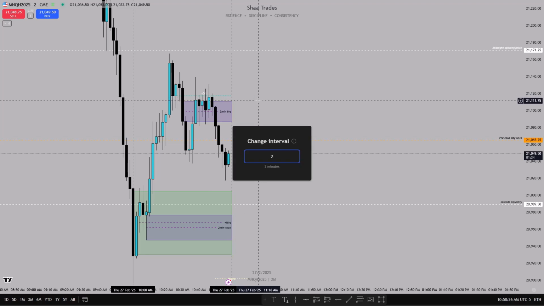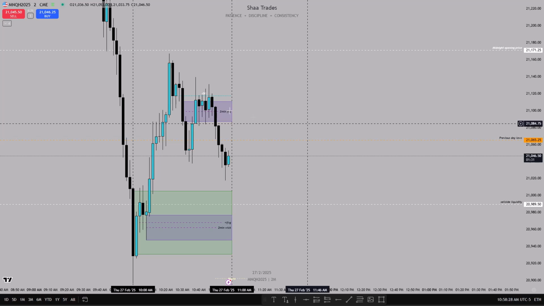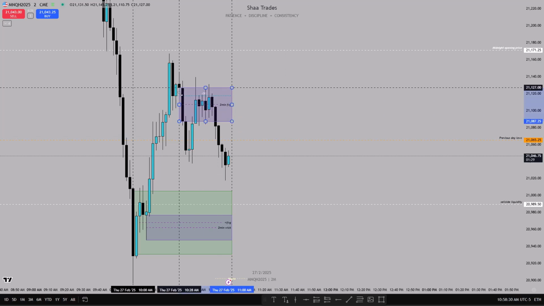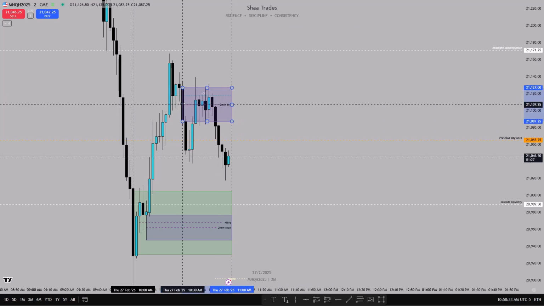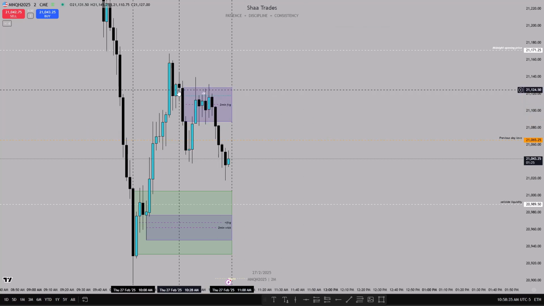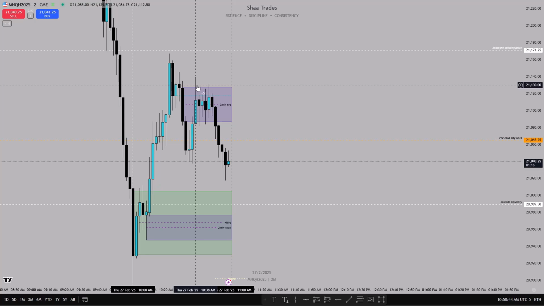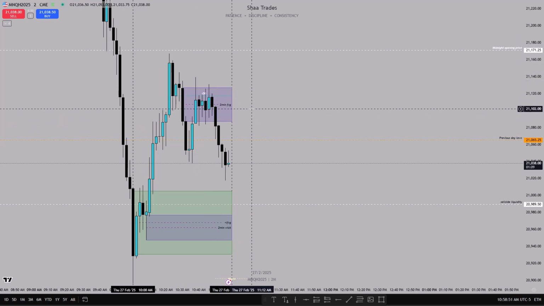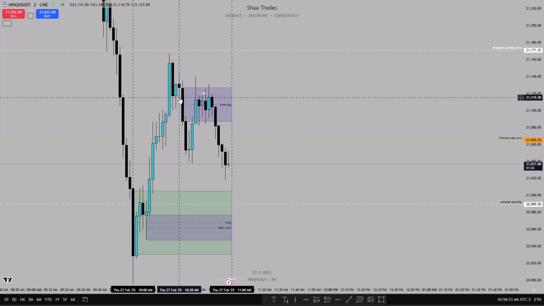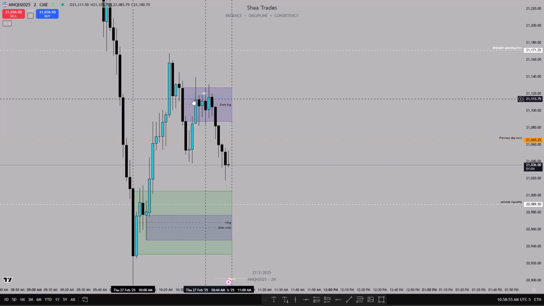But if I go into the 2-minute and include the body and wicks of this candle or order block here, if price closes above here, then I'll be more comfortable taking a trade going higher, right? But looking at it, price is staying below this order block here.